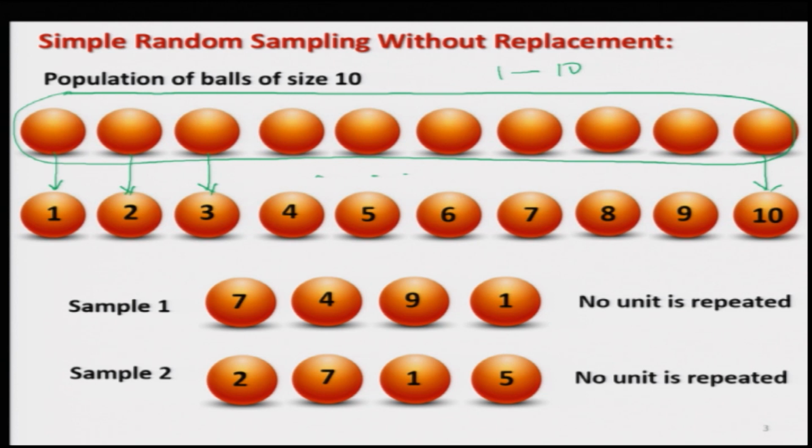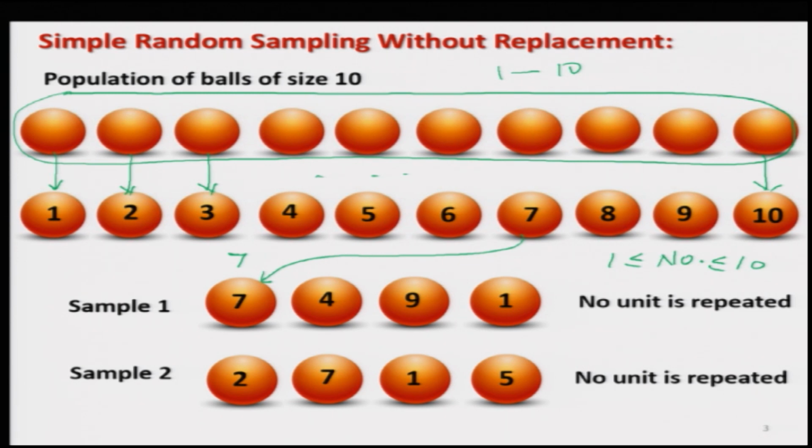Now I try to draw a sample. So, what I do is, at random, I choose a number which is lying between 1 and 10, and suppose this number comes out to be 7. Then what do I do? I choose the 7th numbered ball in my sample.